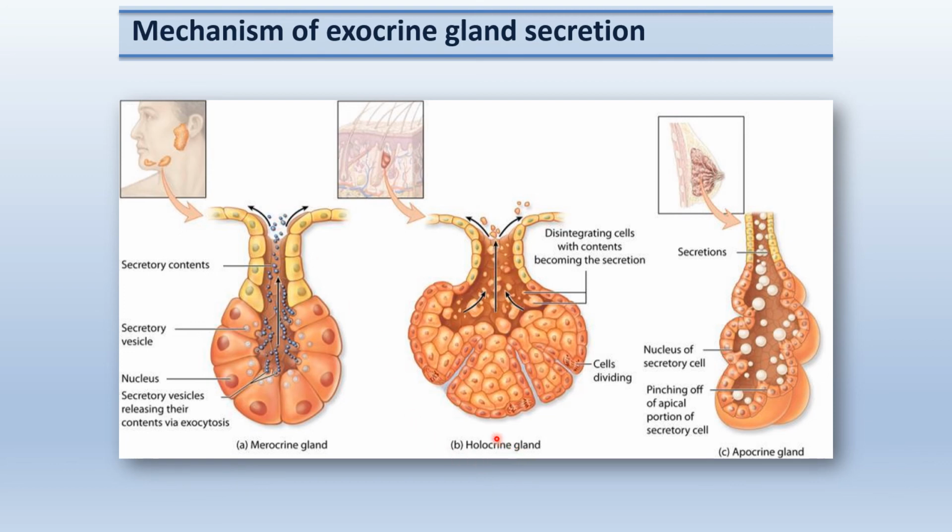And in the holocrine glands, there are disintegrating cells with the content becoming the secretion. So in this holocrine gland, there is cytolysis. And in the apocrine cell, there is pinching of the apical portion of the secretory cell, and this is the secretion of these apocrine glands.